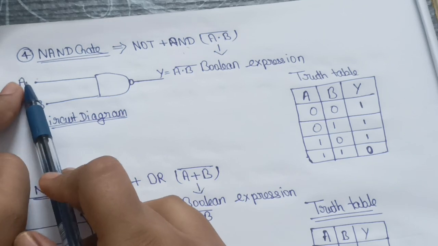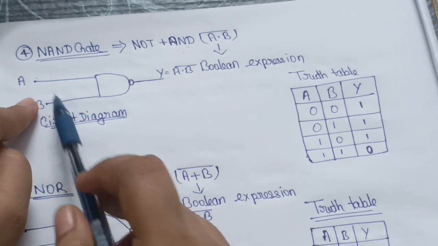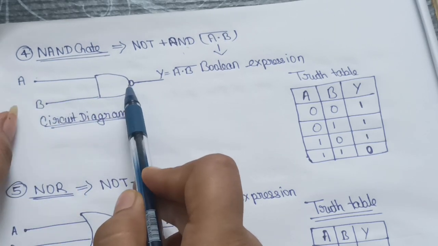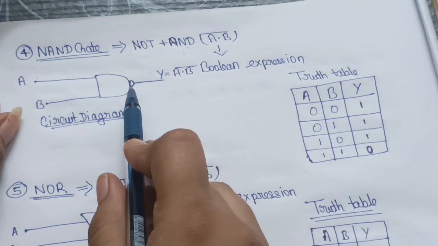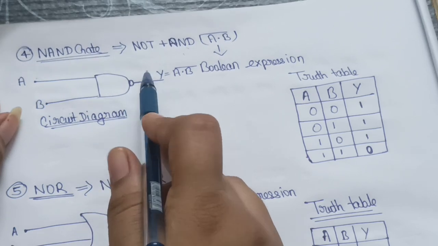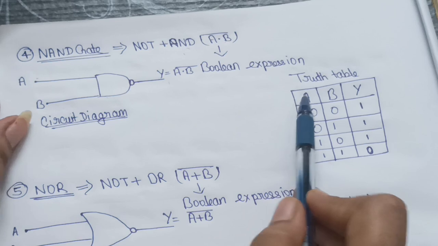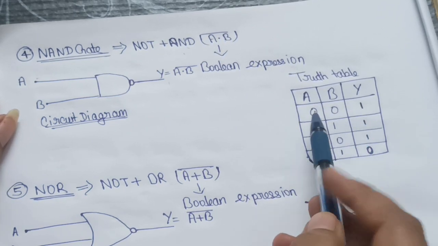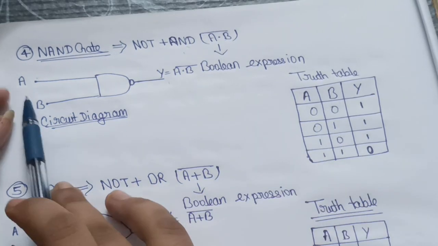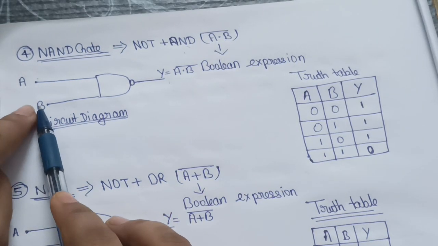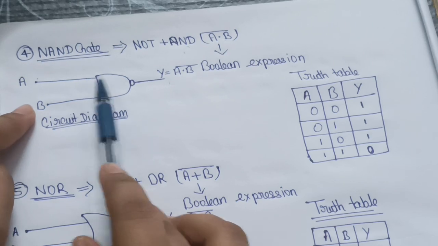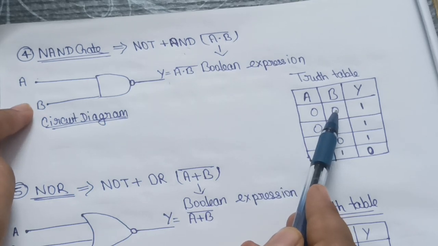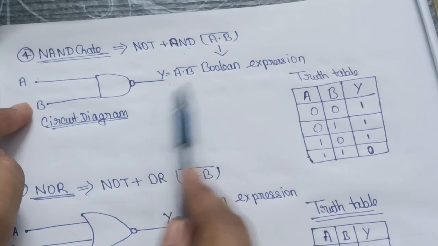A and B are the two inputs, and NOT in front means the output is inverted. In the truth table, A and B are the two inputs and Y is the output. Suppose A equals 0, B equals 0, then the output is AND followed by NOT, so Y is 1.